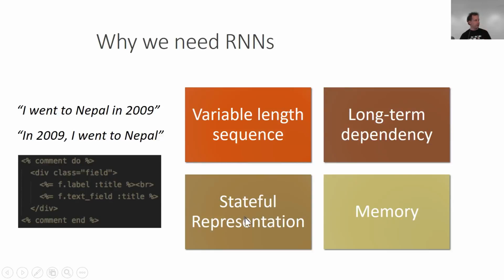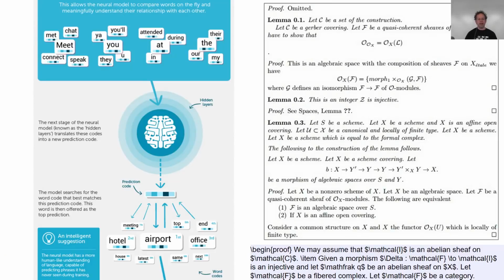So these are the basic ideas. If you want a stateful representation where you're keeping track of where we are now, have memory, have long-term dependencies, and potentially even have variable length sequences, these are all difficult things to do with convnets. They're very straightforward with RNNs. For example, SwiftKey a year or so ago did a blog post about how they had a new language model.